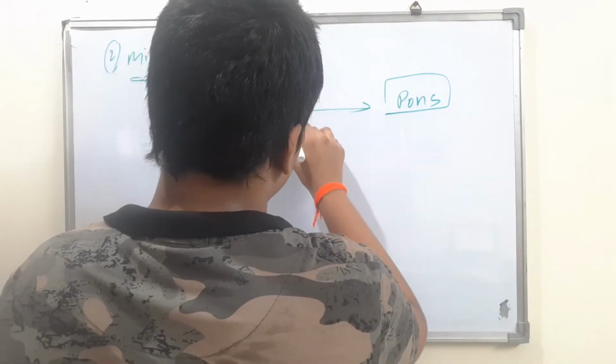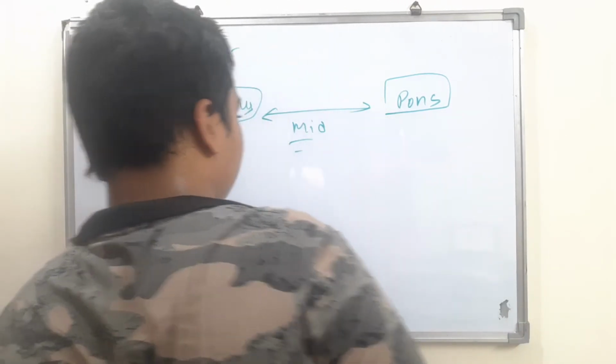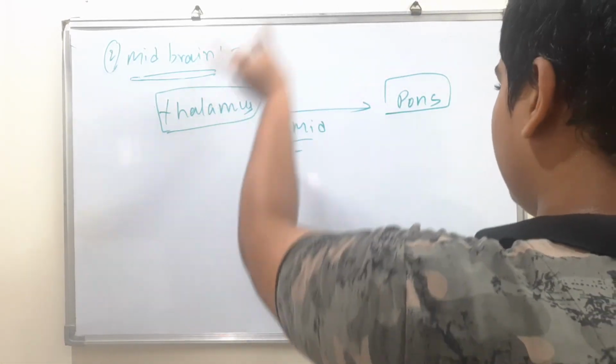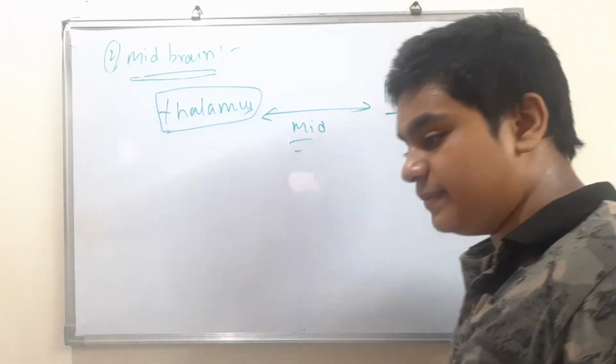Between these two is the midbrain. This is your midbrain, between the thalamus of the forebrain and the pons of the hindbrain.